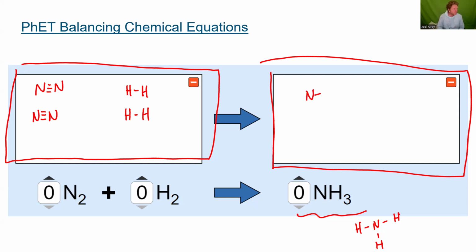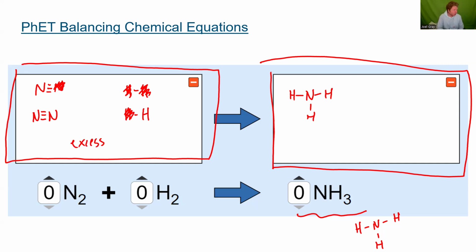And again, what I like to do is cross things out and say, okay, that's in use. So I'm going to scribble out a nitrogen. One, two, and three. So you could look at the nitrogens and everything that's shown on the left-hand side at this point and say these are excess because I haven't used them.